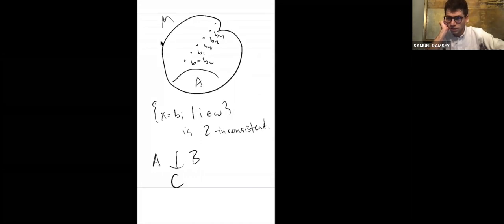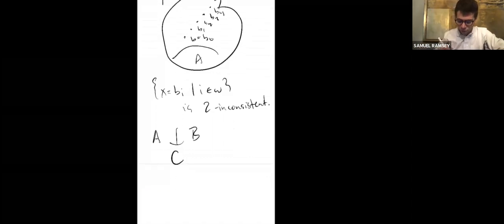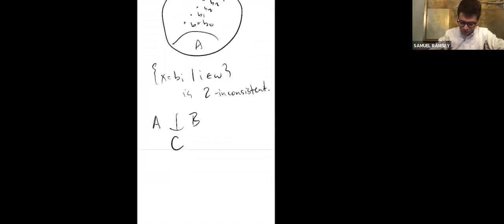Does anyone have a guess, for those of you that haven't studied this notion before? So how about the following? This happens if and only if A intersect B is contained inside of C.